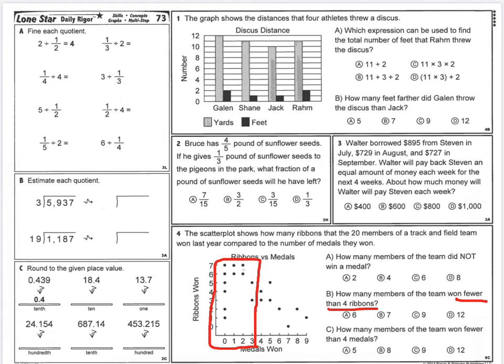Because that was looking at ribbons, and we're not looking at ribbons. I mean, that's looking at medals, and we're not looking at medals, we're looking at ribbons. Pay attention to your questions, right? So, fewer than 4, that means not including 4. We're looking at these. This is going to tell you the number of people that won fewer than 4 ribbons.